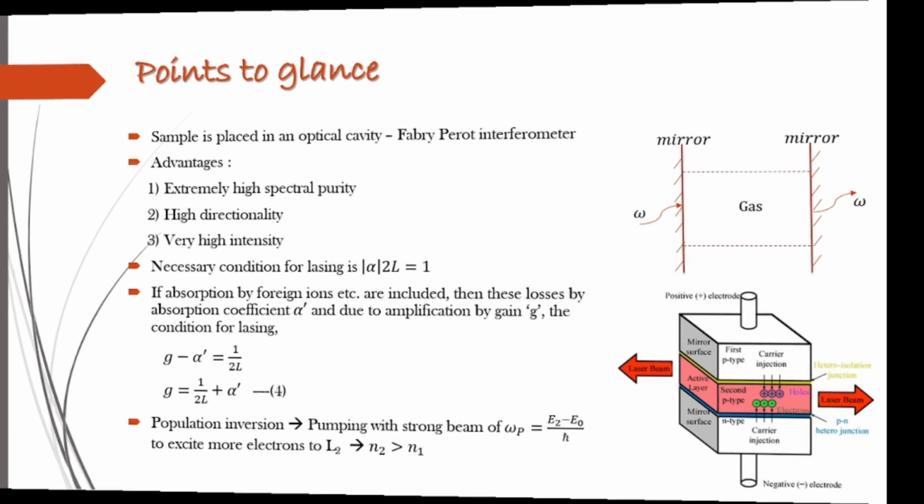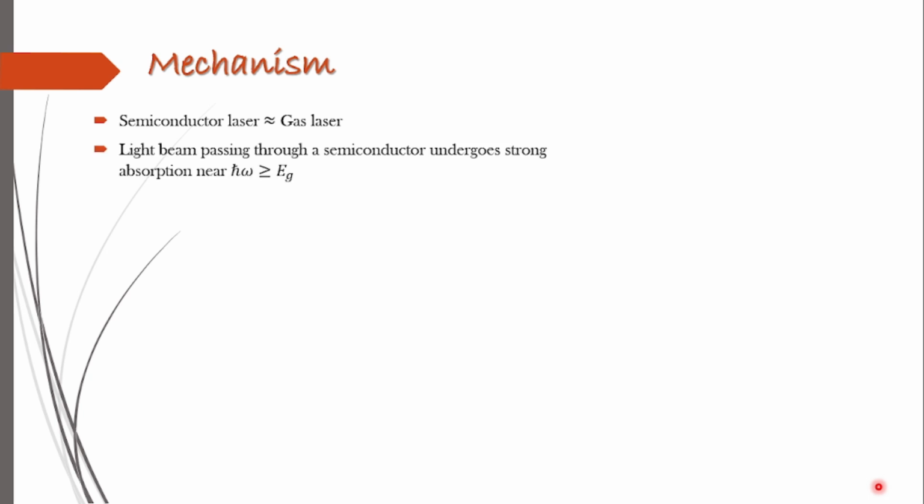So by knowing all these rough details, we can understand the mechanism or operation of a semiconductor laser. So generally we can say it is similar to the gas laser itself. So when we consider a semiconductor, we know that the light beam passing through a semiconductor is going to undergo strong absorption near the band edge.